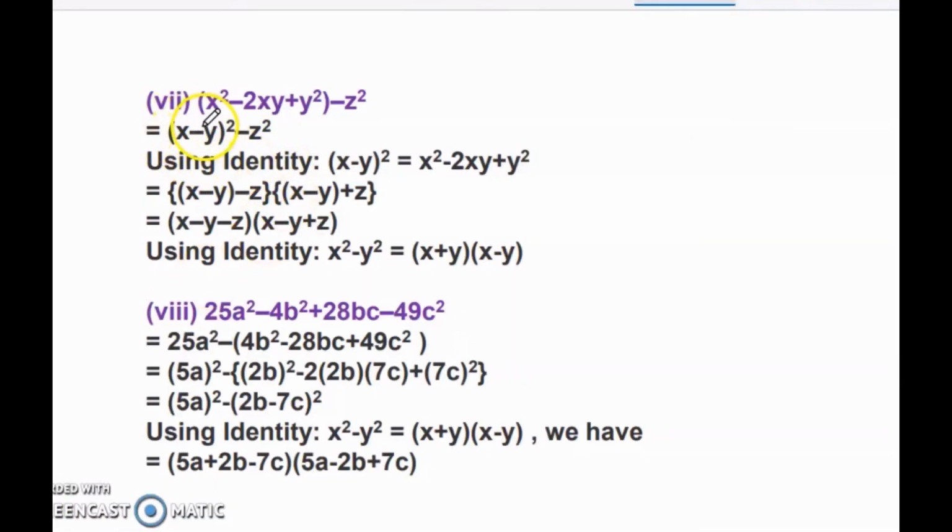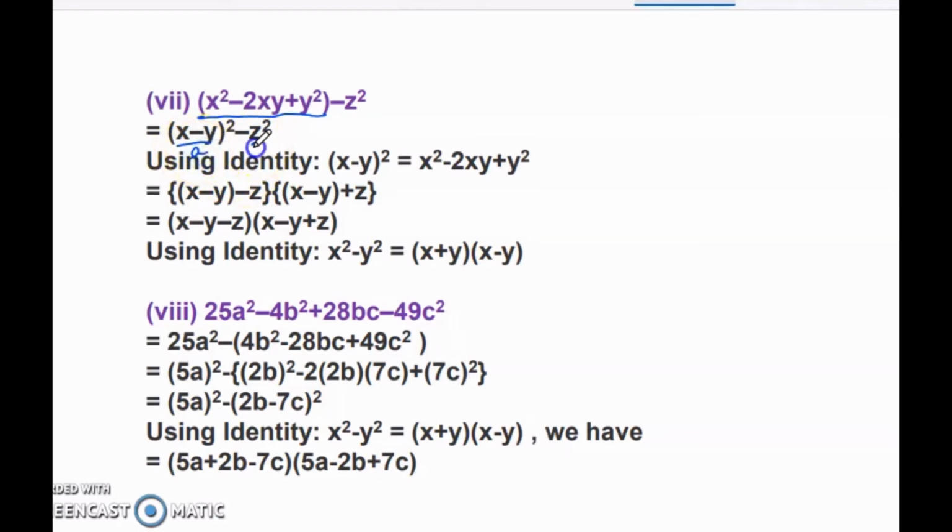The seventh one is x square minus 2xy plus y square minus z square. Now this one, this entire bracket is of the form of this identity x minus y the whole square. So this can be written as x minus y the whole square minus z square. Now further, this is of the form a square minus b square, that form, where a is x minus y and b is z.